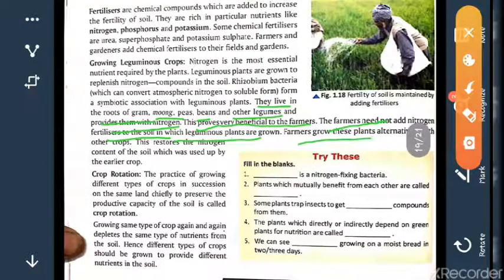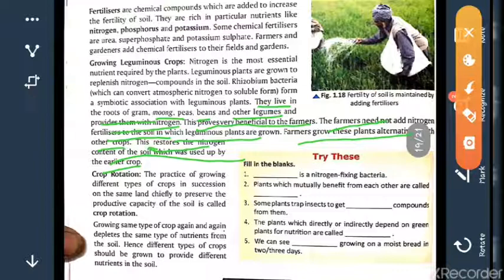Farmers grow these plants alternately with other crops. This restores the nitrogen content in the soil which was used up by the earlier crops. So in short, in the previous crop, whatever nutrient is taken up by the plant, that means if the plant is taking the nitrogen present in the soil, they are using it up.